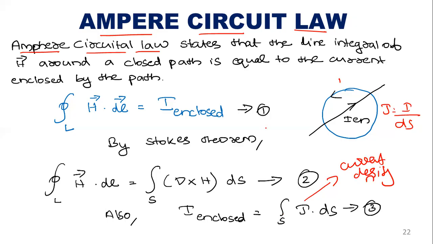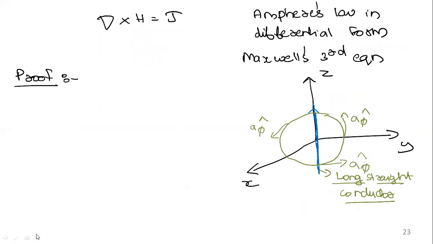By comparing equations 1, 2, and 3, we can write del cross H is equal to J, which in turn gives I enclosed. So we get del cross H is equal to J.